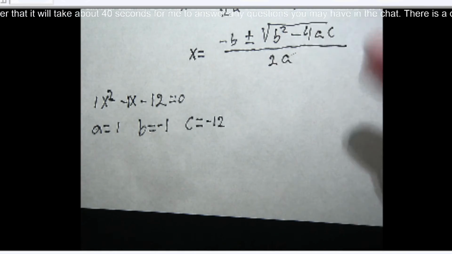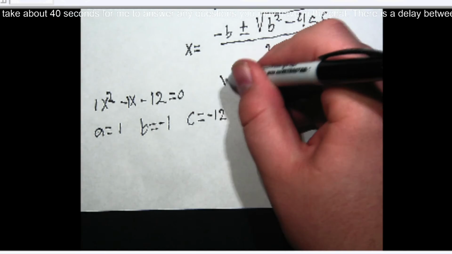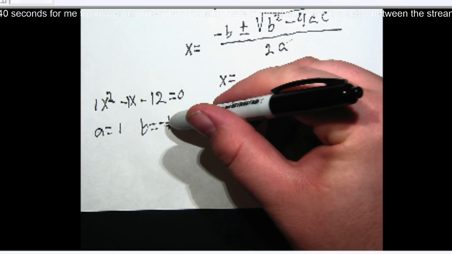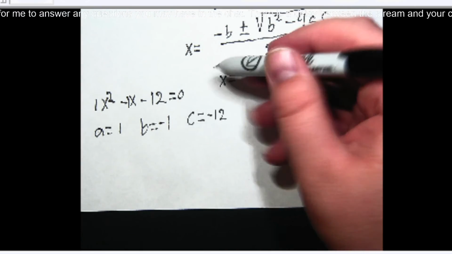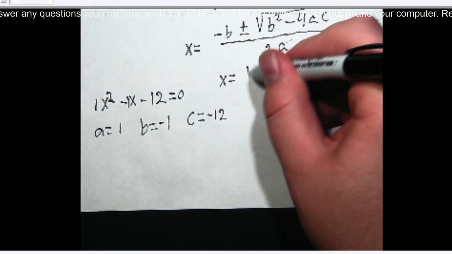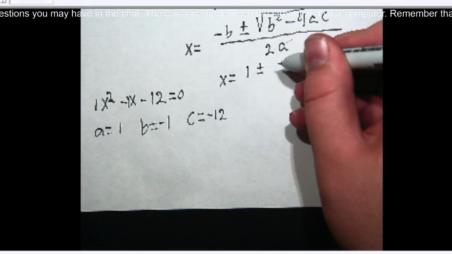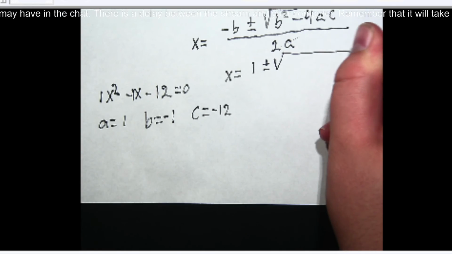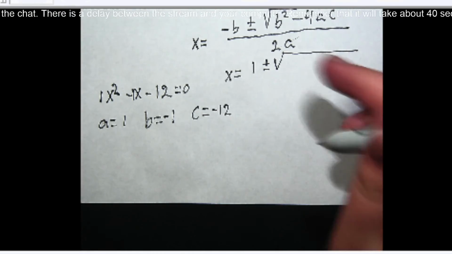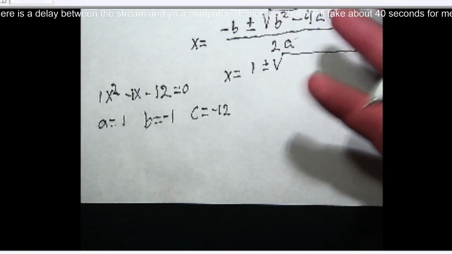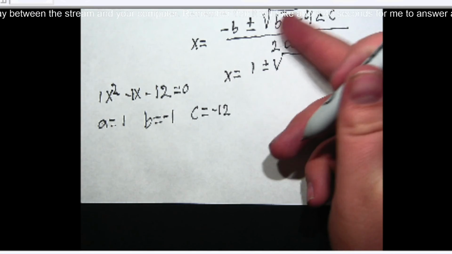And I plug them into this and get x equals negative b. So b is negative 1, negative 1 is positive 1, plus or minus the square root of b squared. Again, negative 1 is our b, so negative 1 squared is 1.